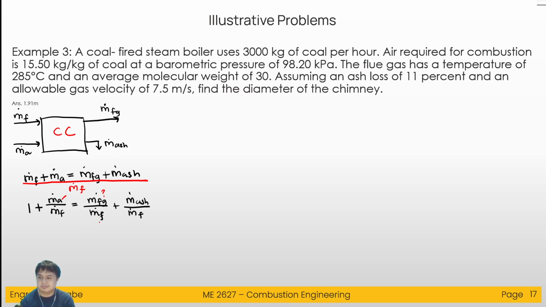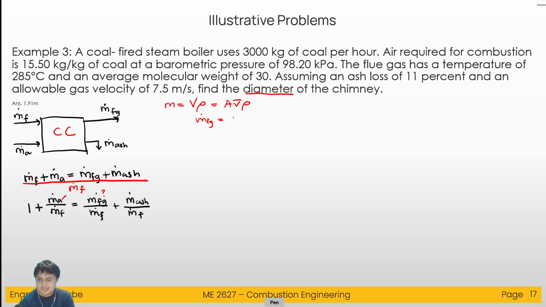To be able to find the diameter, we can maybe use the continuity equation wherein the mass is equal to the volume times the density. Or in other words, you have the area times the average velocity and then the density. So to get this, you need to find the mass of the flue gas.